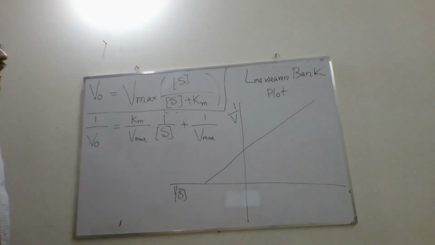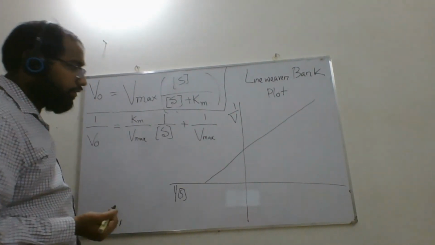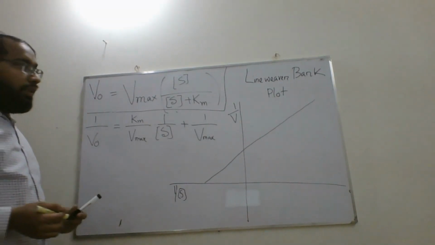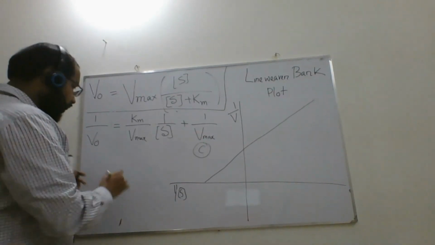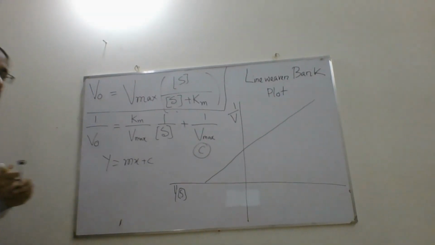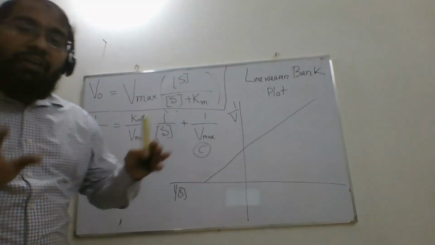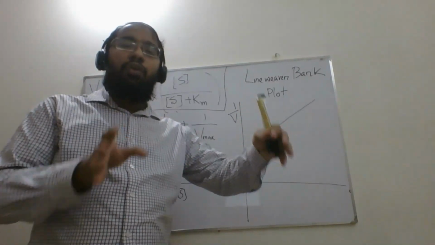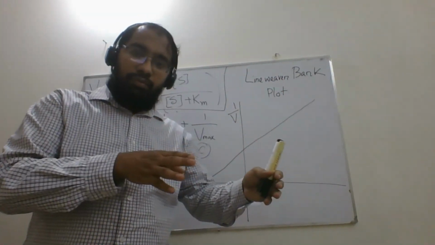Now from this plot what will we obtain? We know the c, that means this is the c. In the y equal to mx plus c equation, this c basically determines the amount which is cut from the y axis by your graph.